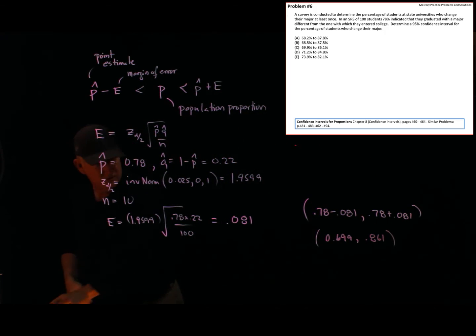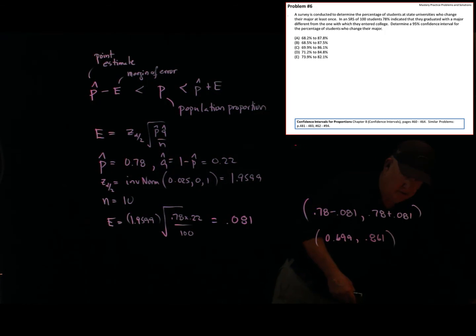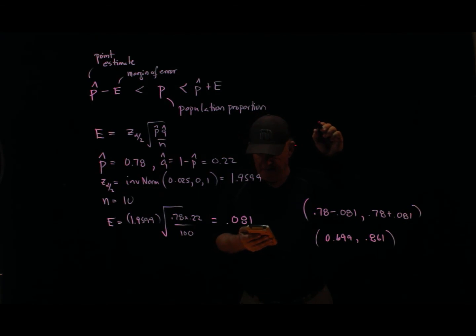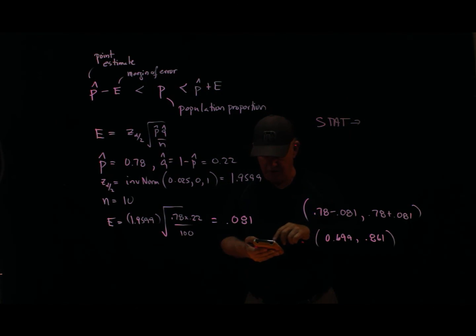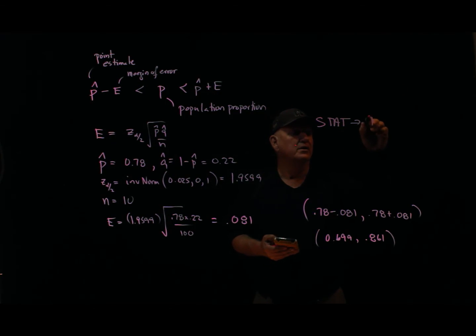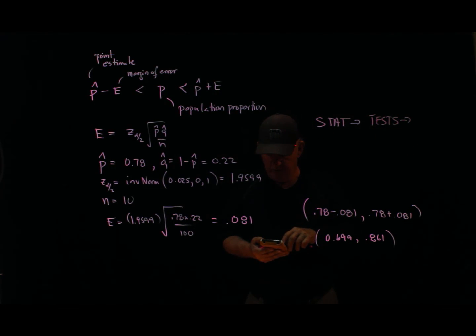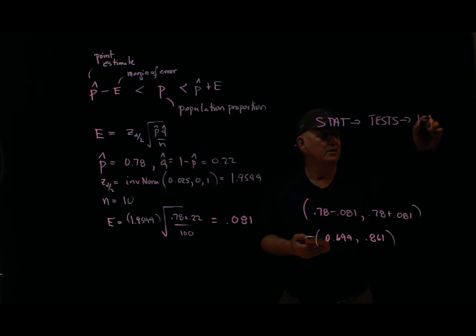Let me very quickly do this with the calculator. If I'm going to do this with the calculator, I've got to go to Stat and then swing over to Tests, and then down to 1-prop Z interval, which is number A, 1-prop Z int.